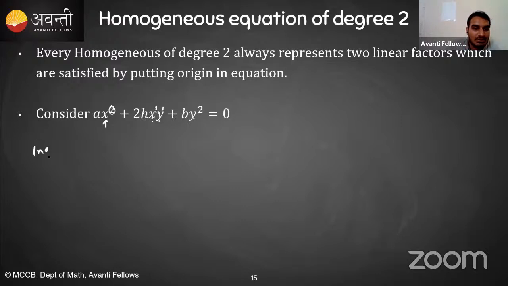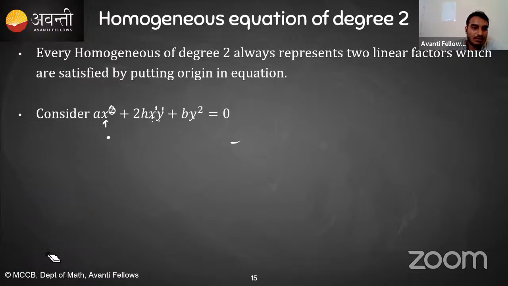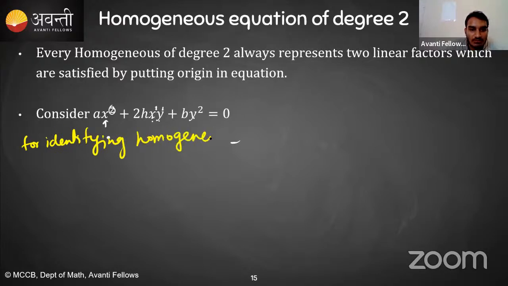Or in general, you can say that for identifying a homogeneous equation, first thing is whatever the term is given, just add the degree of the variables.